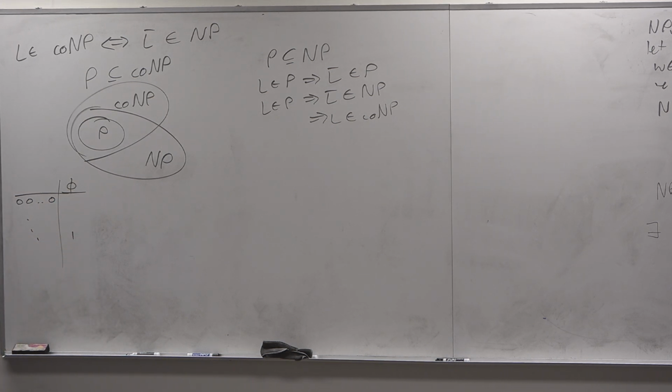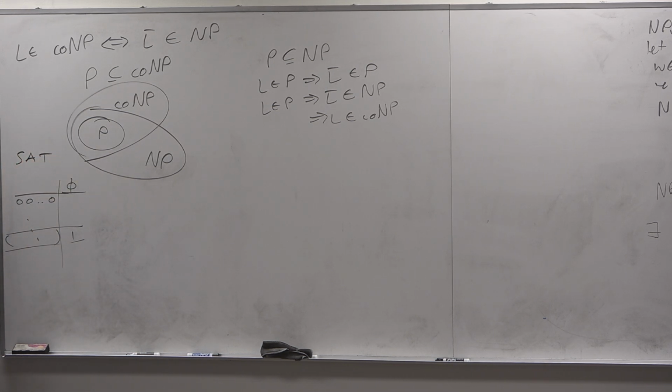That's when a formula is satisfiable, if there exists a 1 in its truth table. The witness is, which row is this? Because this is the answer. That is the witness. You plug and chug that. This would be the problem of SAT. We'll talk about this again on Monday.